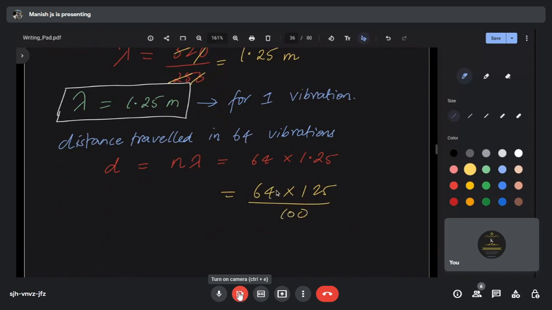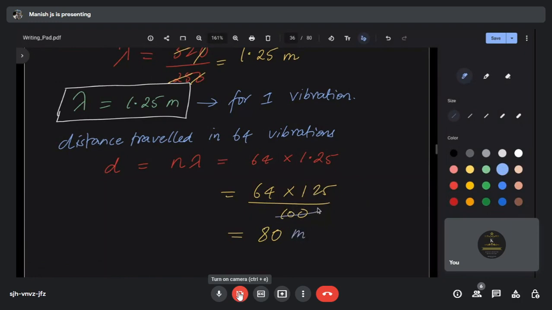So fourth table, if it is going, you can go ahead and you can cancel. 8 times it's going. Okay, 80 times. So 80. So it is traveling 80 meters.